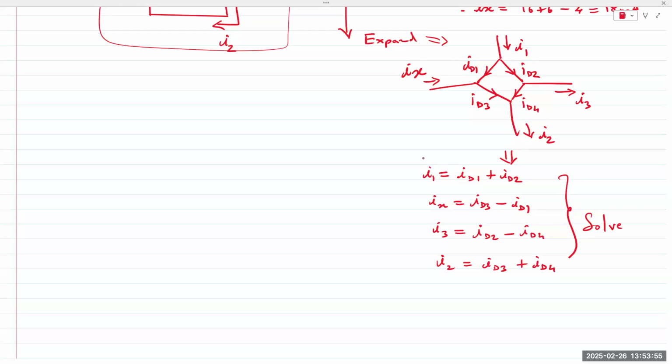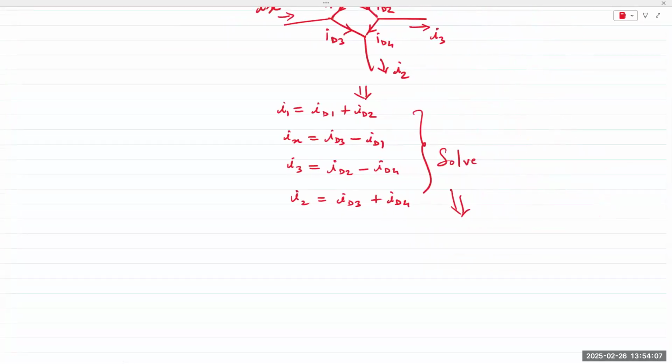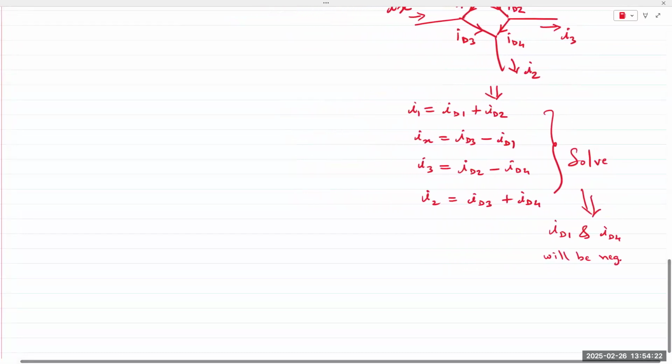It will turn out that ID1 and ID4 are negative. So do this outside of class as practice. And if it's negative, that means the diodes are not on and our assumption is incorrect.